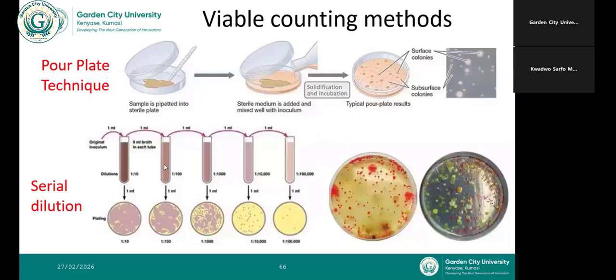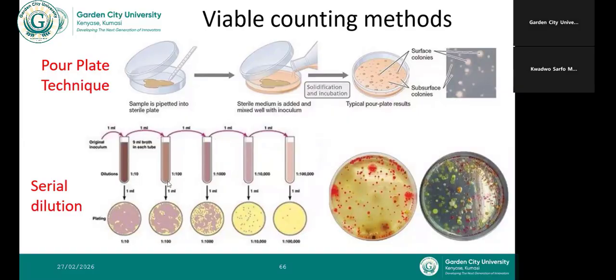This broth this time does not have any organism growing in it, but you have picked 1 ml from here and then added here. So this is no longer 1 in 10 dilution. It is 1 in 100 from the previous one. So we do the third one, that is 1 in 1,000 dilution. Same for the fourth one. So this is a dilution factor of 10. Increase by 10 at every step.